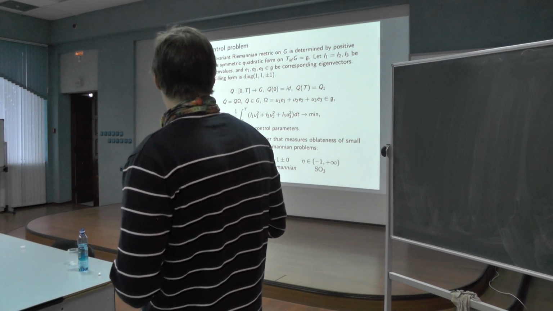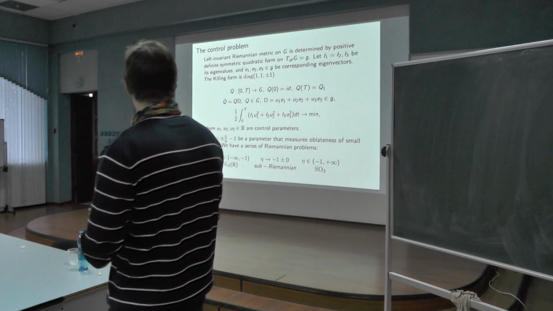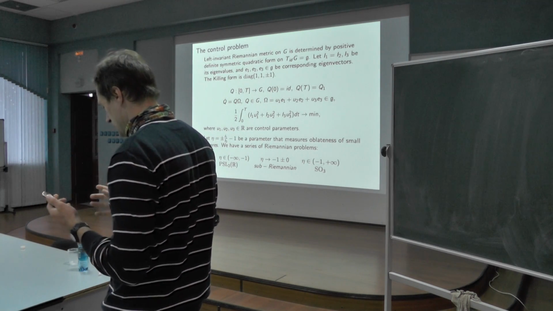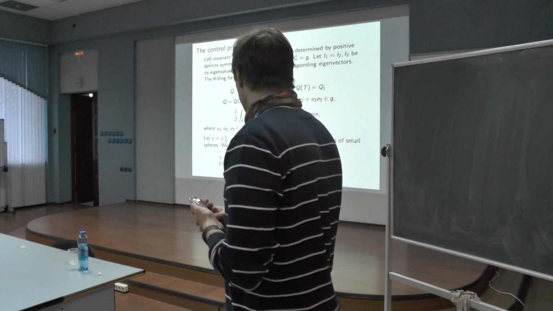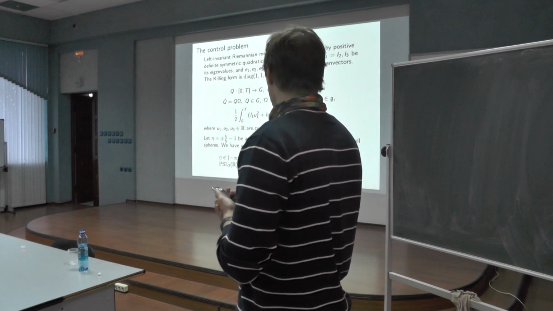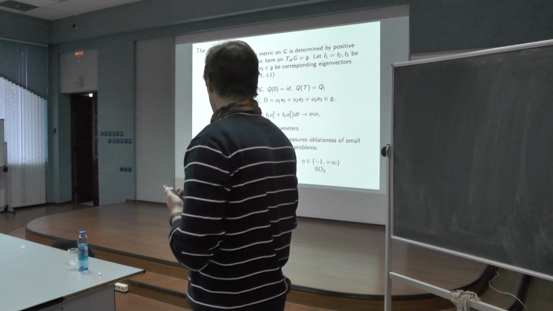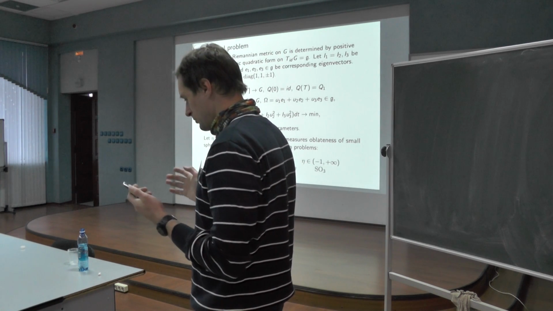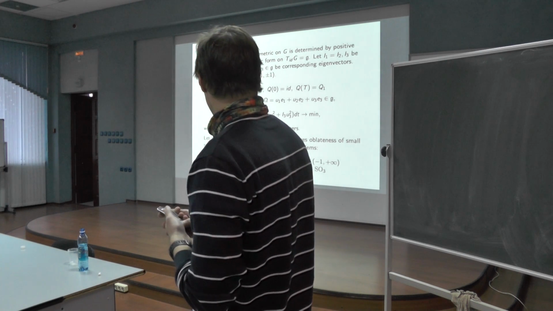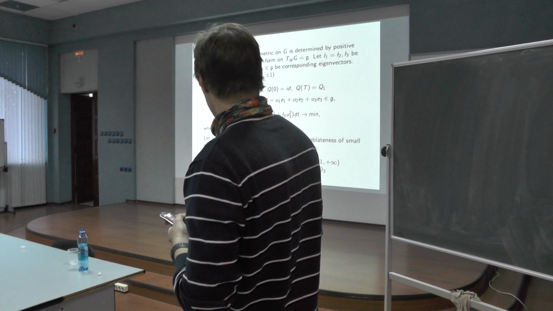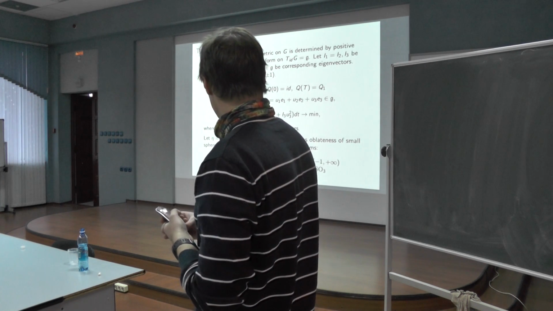And let eta be a parameter that measures the oblateness of small spheres of our metric. So we have a series of Riemannian problems. When eta is less than -1, we have a Riemannian problem on the PSL2 group. When eta is more than -1, we have a Riemannian problem on the SO3 group.